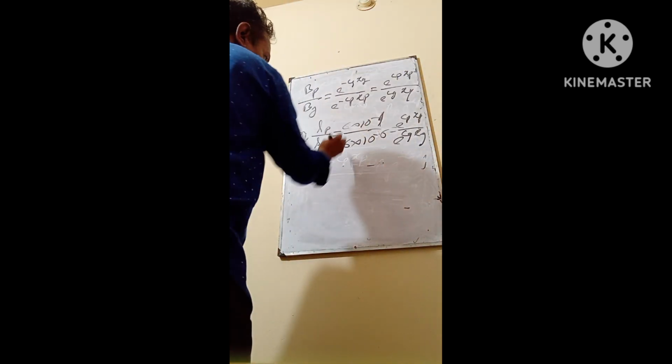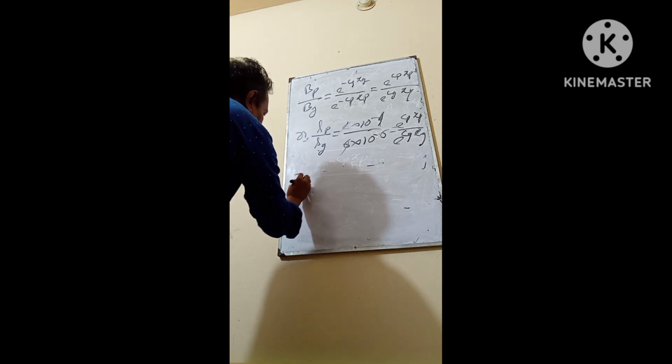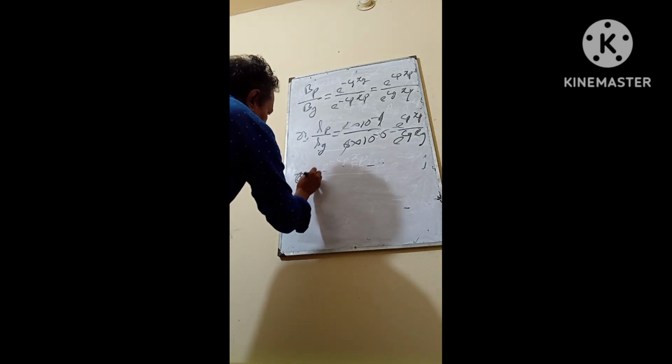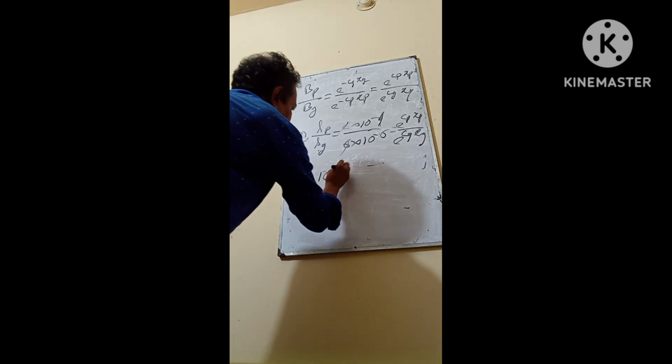And this is the e^(c_P x_P), e^(c_Z x_Z). Total 6, 10 to the minus 10.